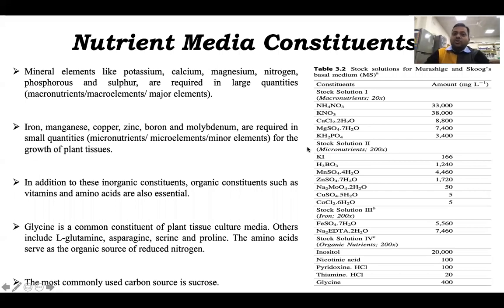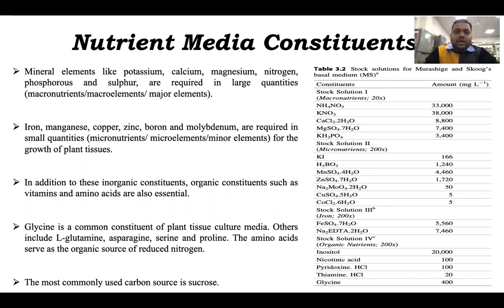So, talking about the nutrient media constituents, this is also an important pillar of tissue culture, like all the different techniques, or the totipotency, or somatic embryogenesis we talked about. They all form integral and critical components of the tissue culture technique, and so do the nutrient media constituents.